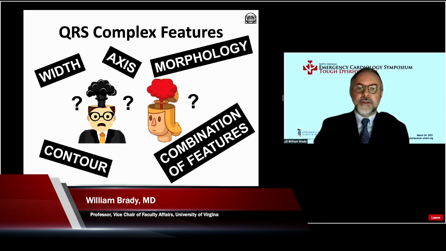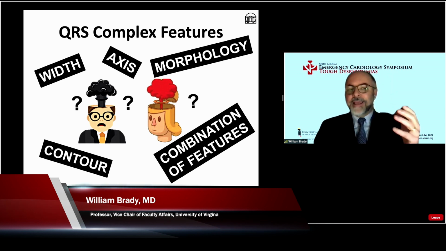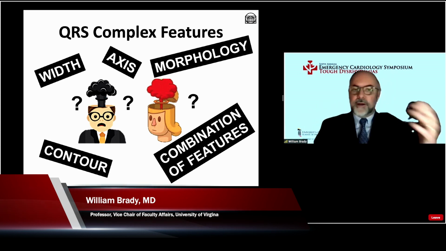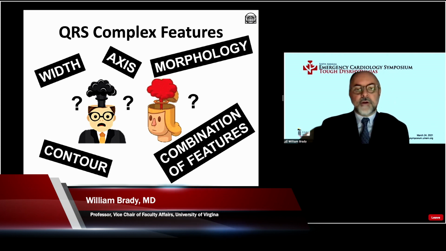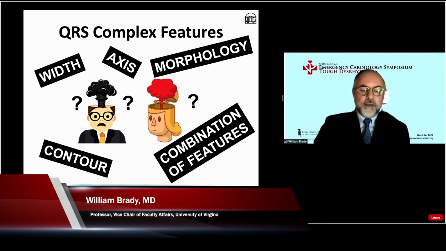They take up a lot of brain space, they're difficult to apply, they're difficult to remember, and they're not particularly accurate. There's too many ifs and thens and buts and yets and that sort of thing. So I really don't suggest that the emergency physician should consider these. Certainly the cardiologist, certainly the electrophysiologist, they use these, and that's appropriate. That's their world, but that's a different world from which we work.